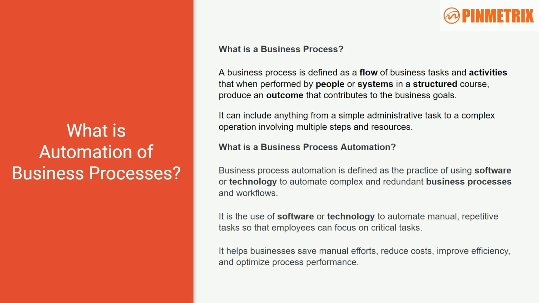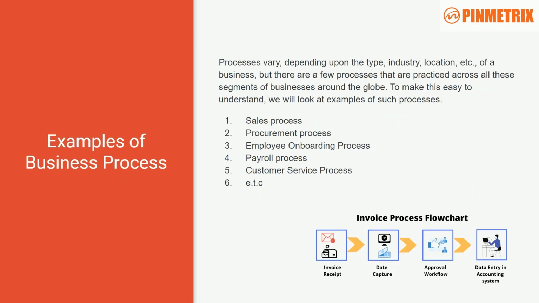So if we look at it, there are examples of business processes. Business processes actually vary depending upon the type, industry, and location of a business. But there are a few processes that are practiced across all these segments of businesses around the globe. To make this easy to understand, let us look at some examples of such processes.